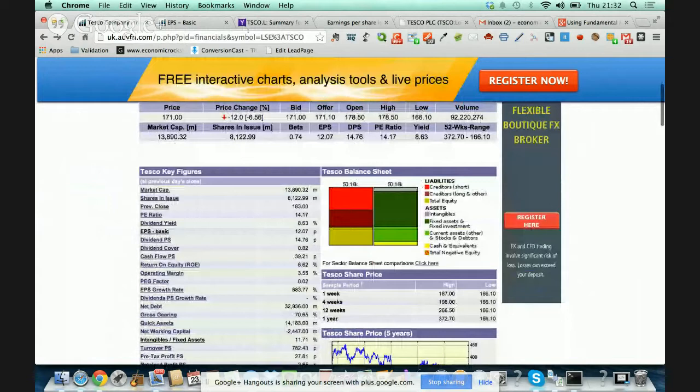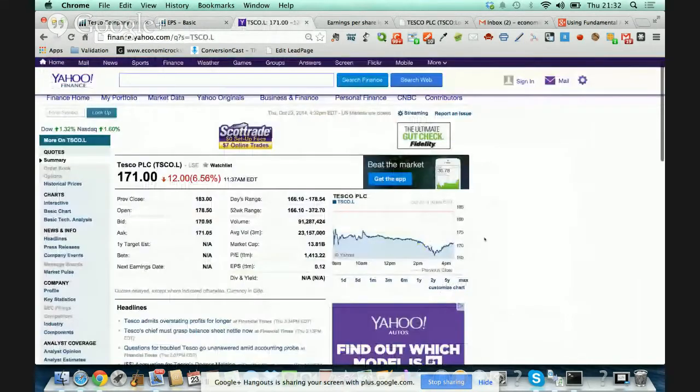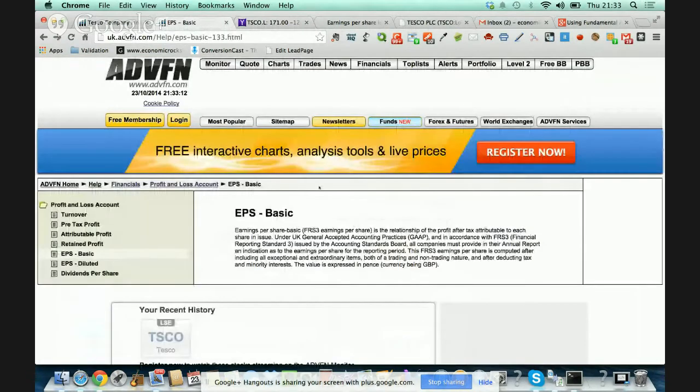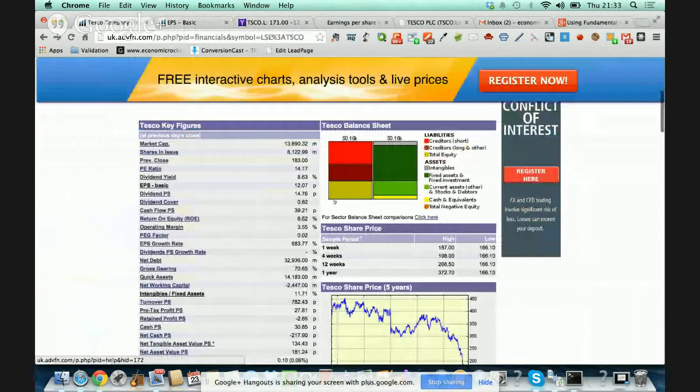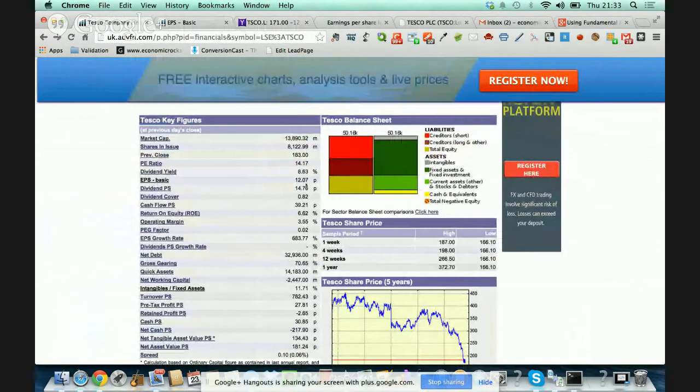Okay, beta not applicable. The earnings per share, 0.12p, 0.12 pence. I'm going to quickly flick back to ADVFN and see what they actually gave us. So the earnings per share is 12.07 pence.